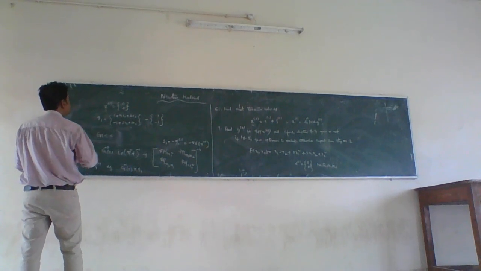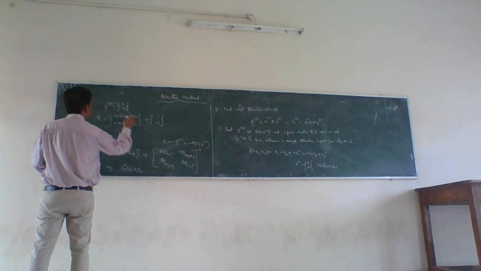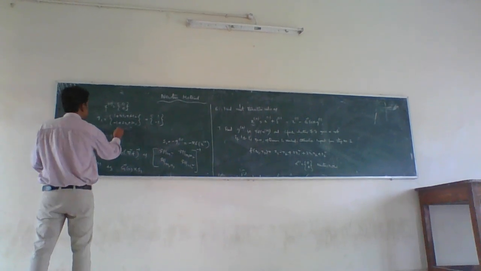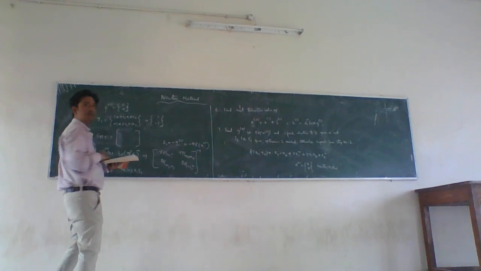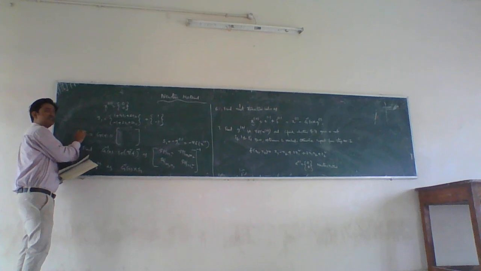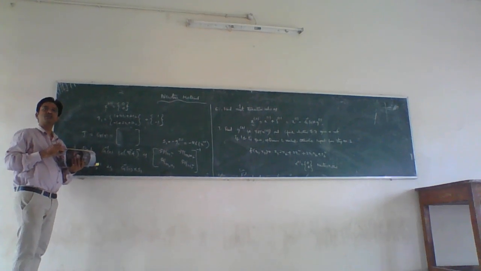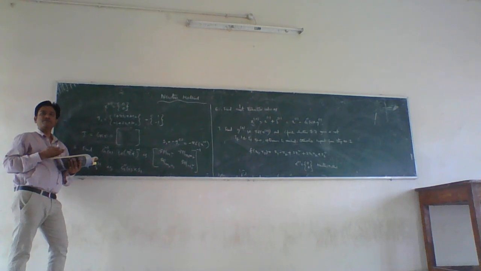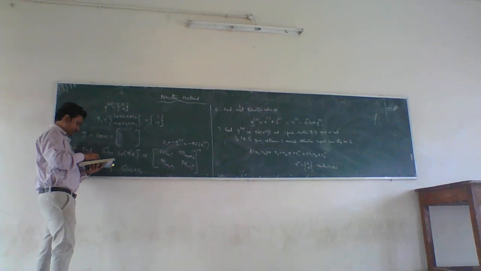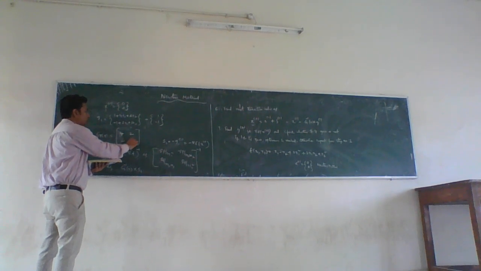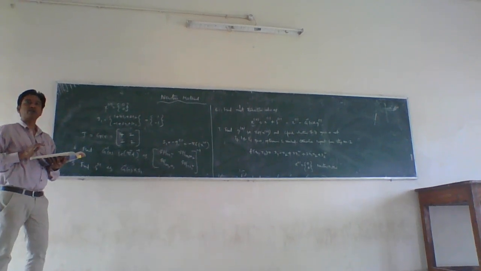If you substitute the x1 value in these, you will get G1. So it is nothing but your Hessian matrix, which we have done for unit number 1. So what is the value now? 4, 2, 2. So capital G is now calculated.